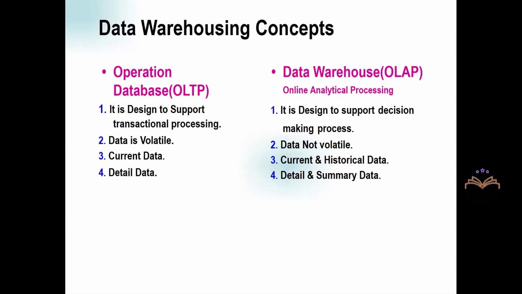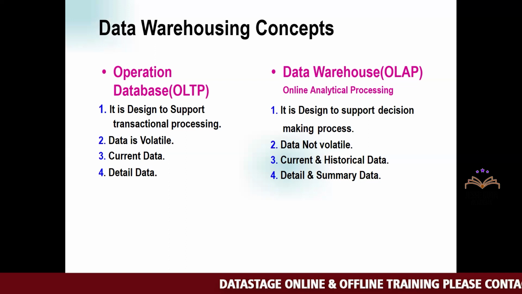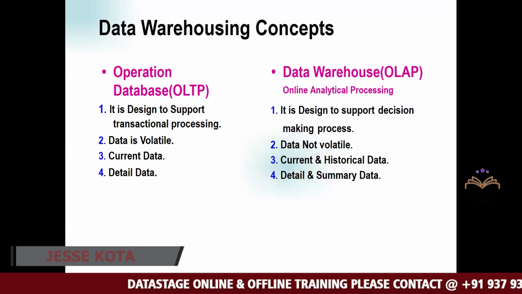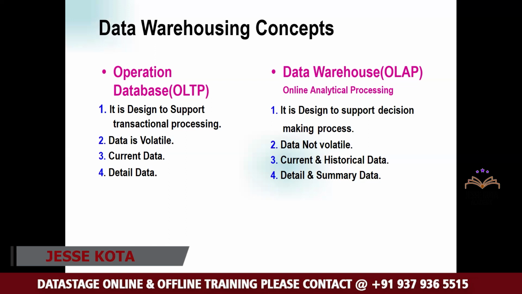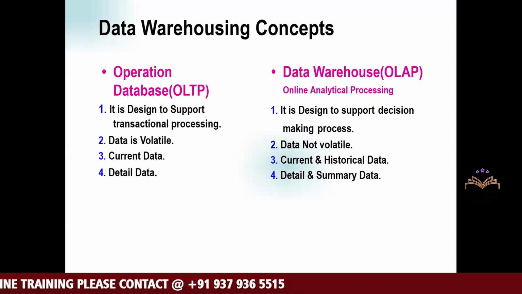Here we have an option to change the data; data is volatile. If the product price shown in the display and at the billing counter is different, then they have not updated their entries in the system, so they have an option to correct the bill. It's a manual entry. That option is available in OLTP systems, but in OLAP that option is not available. OLTP has only the current transaction.